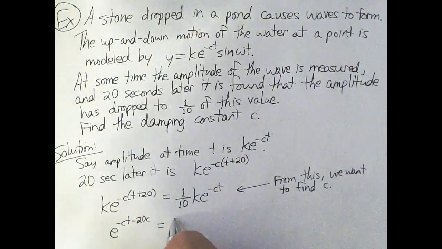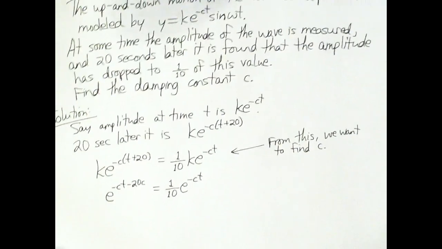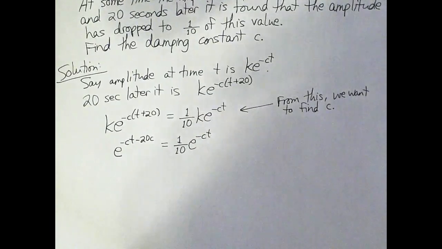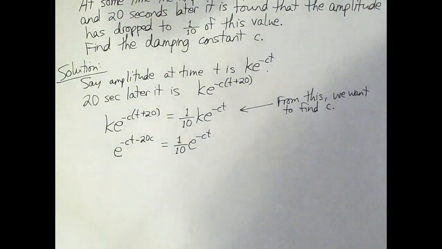And on the other side, all I'm doing is getting rid of the K. That's good, because if we're really going to find the damping constant C, we needed to get rid of K, and hopefully there might be some way that we can cancel out T. Maybe not right now, but maybe a little bit later we can get T out of this and just truly solve for C as a number. Otherwise, we'll solve for C in terms of the other constants if we have to.